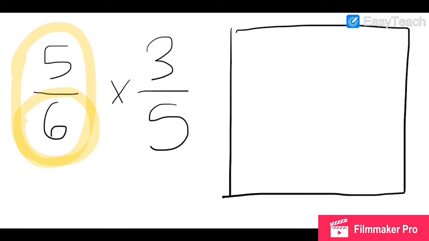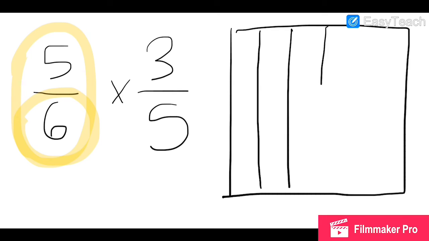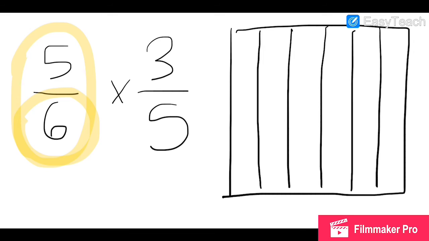I'm going to do this vertically. 1, 2, 3, 4, 5, and 6. Now, I know that 5 out of those 6 need to be shaded because it's 5/6.